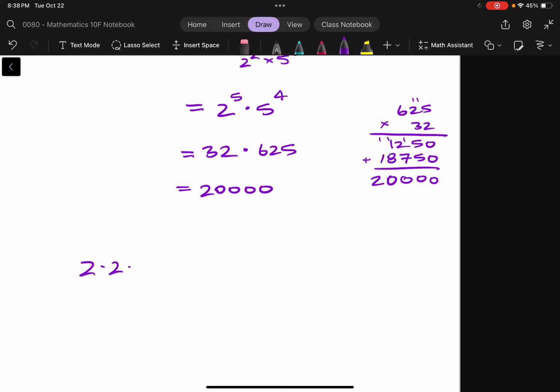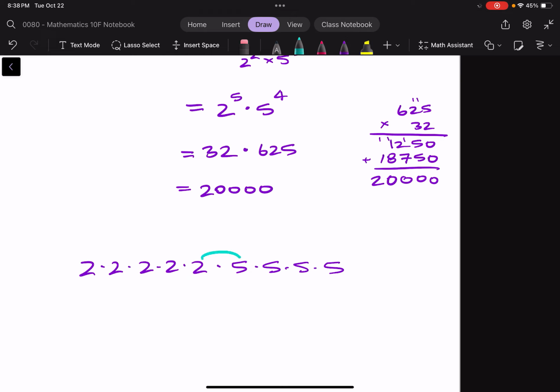2 to the power of 5 is 2 times 2 times 2 times 2 times 2. 5 to the 4 is 5 times 5 times 5 times 5. And we could rewrite this if we wanted to have all these 2s and 5s grouped together, at least in our head brain. Every pair of 2 times 5 would give us a 10.